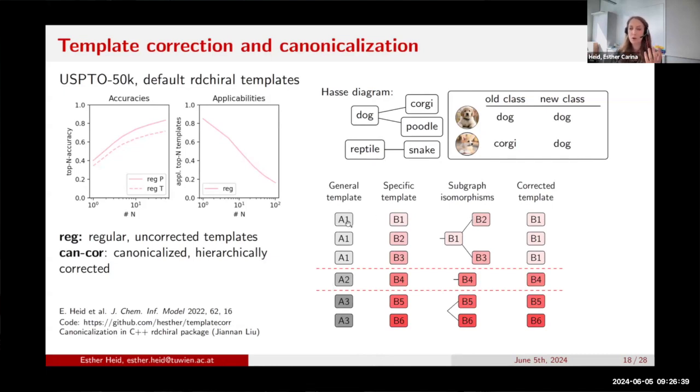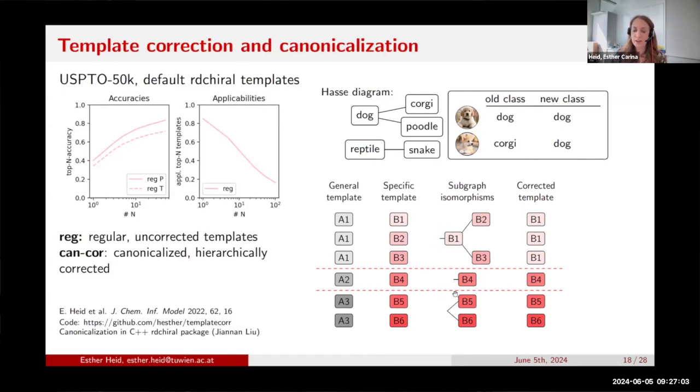But if you first group all of your templates into general templates, grouping the same reaction classes together, this is not a lot of computational work. This can be done in a few minutes for example, USPTO 50K. So this is not a big problem. And then you see, well, if those templates are the same, but just more specific, I need to use the more general one.